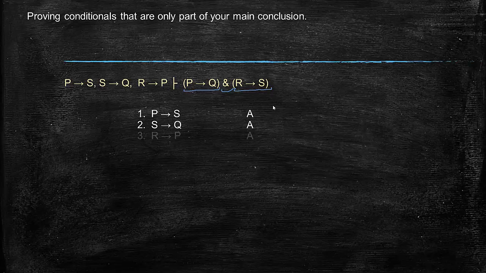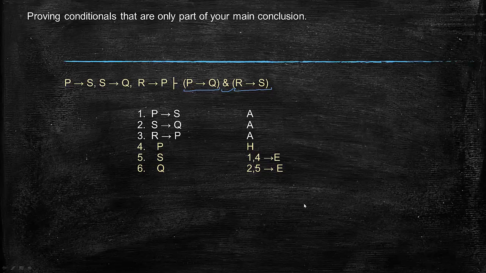So we take on our three assumptions, and then you say, first let me see if I can prove if P then Q. By the method of conditional introduction, you'll hypothesize P, and then in the familiar way, you would get S through conditional elimination, and you would also get Q from conditional elimination.